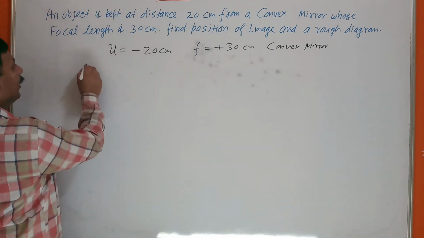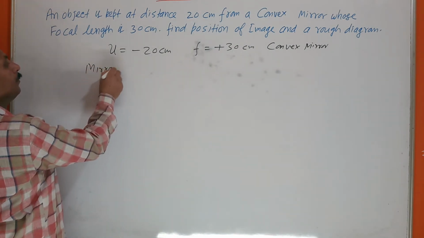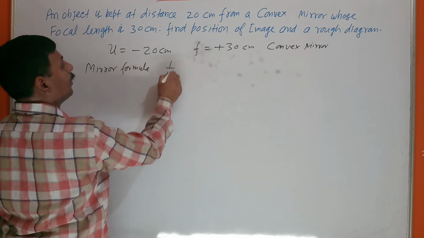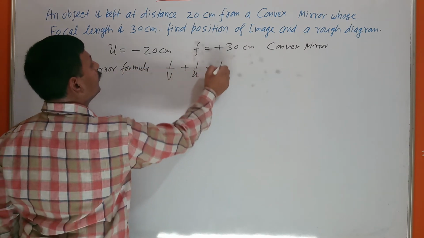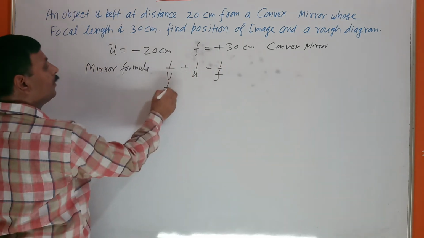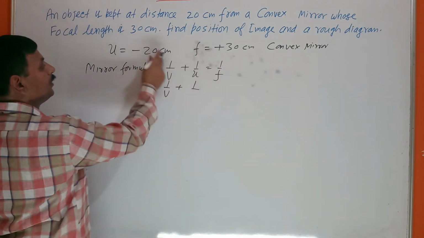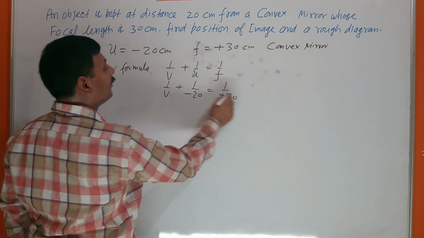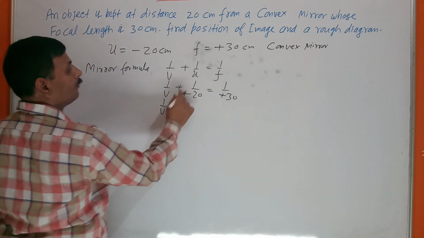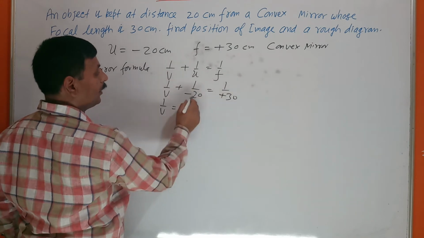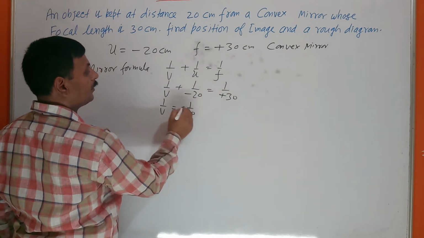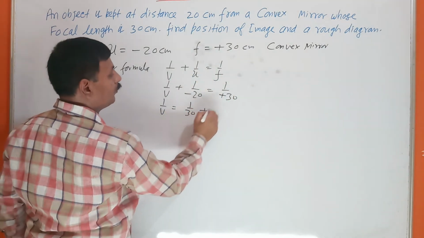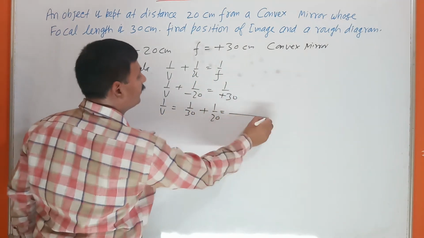The mirror formula. So what is the mirror formula? 1 upon v plus 1 upon u is equal to 1 upon f. 1 upon v, u is minus 20, f is plus 30. Solve it. 1 upon v, this you will take to the right hand side, so 1 upon 30, minus plus minus, minus goes to the right hand side, this becomes plus.